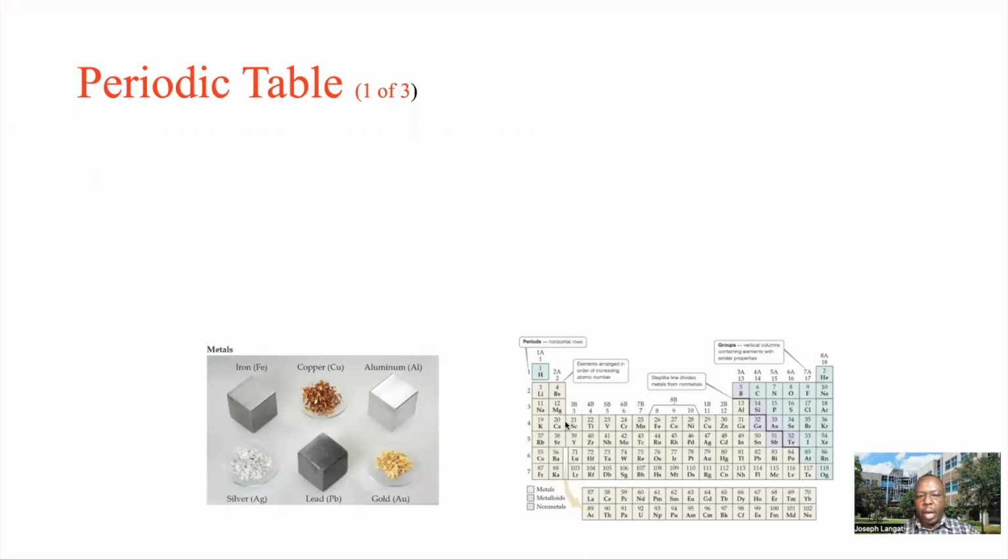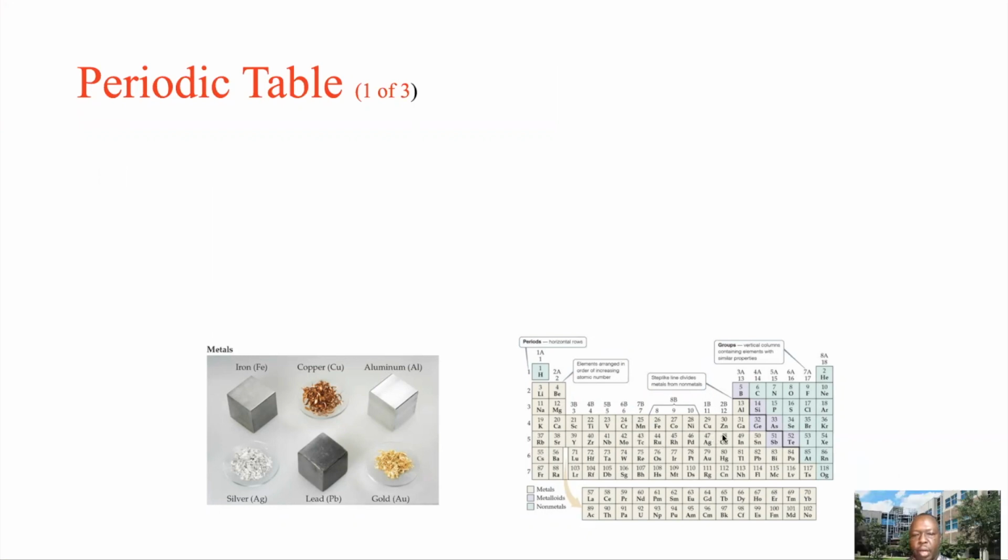If you look at the color coding on this side, this consists of metals, except hydrogen on this end. These are non-metals. The pink elements lie along the staircase, along the bold zigzag. You see this?